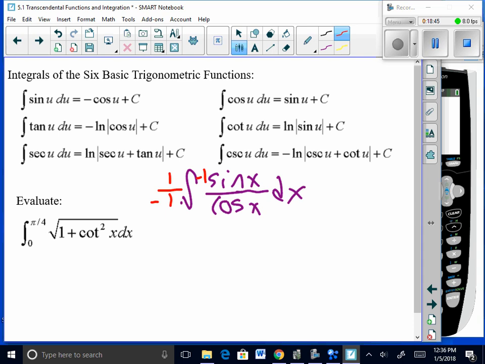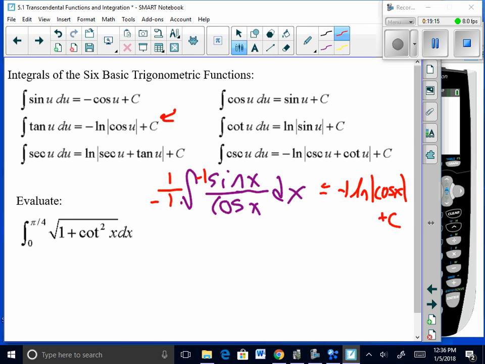So now inside that integral, I have u prime over u. So now that's going to be 1 over negative 1, which is just negative 1. Then I'll have natural log absolute value of the denominator, and then plus a constant, which is basically what we have right there. So these ones that have natural logs in them, that's because you can rewrite these trig functions as a fraction, and then you can work things out.